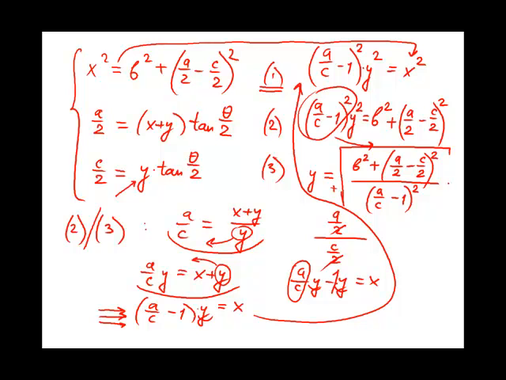Now, after I take the square root, on top I have b squared plus, let me write it like this, 1 over 4 a minus c squared, square root. And the denominator will be simply a over c minus 1. Like this. So I know y.